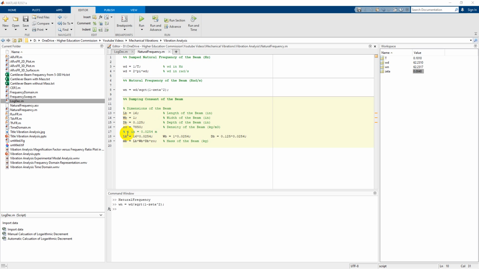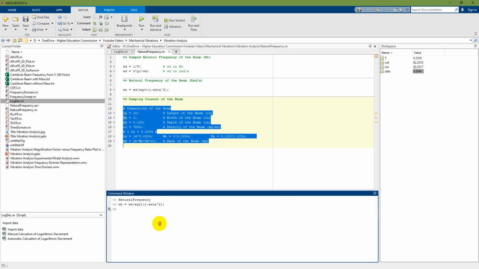And I'm using here 1 inch is equal to 0.0254 meter or 25.4 millimeter. This way I can find out the length, width, and depth of the beam in meters, and then by multiplying length, width, and depth to get its volume and multiplying it with density, I'll find out the mass of the beam.